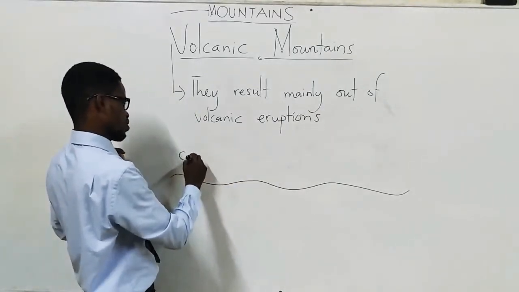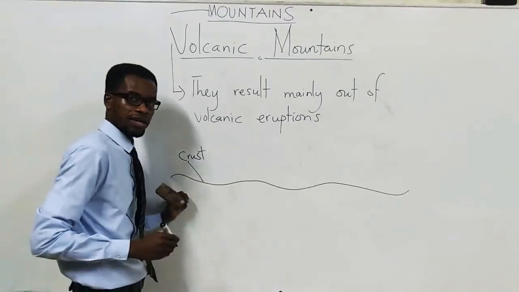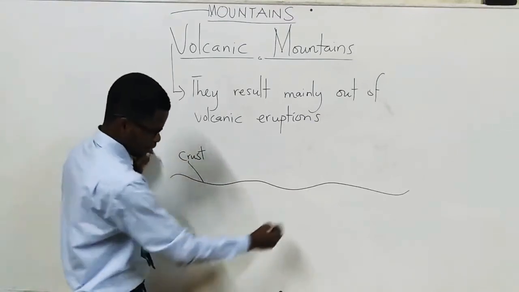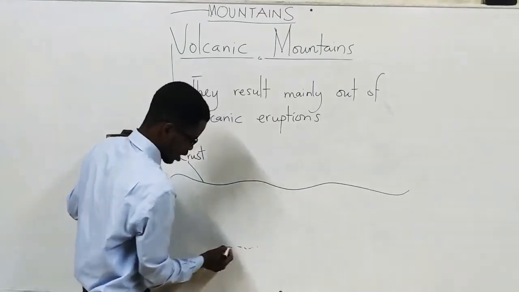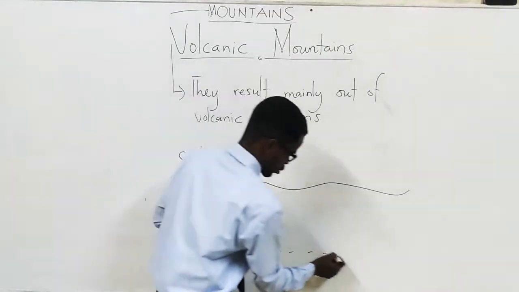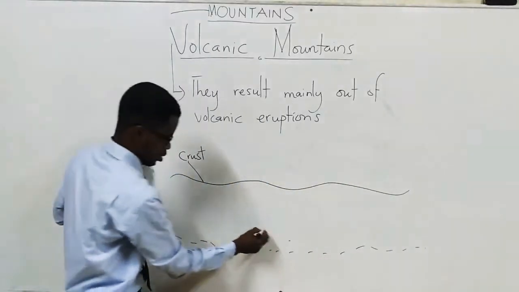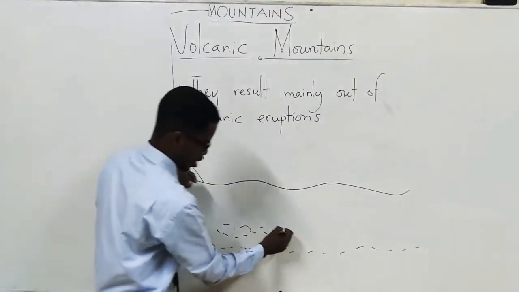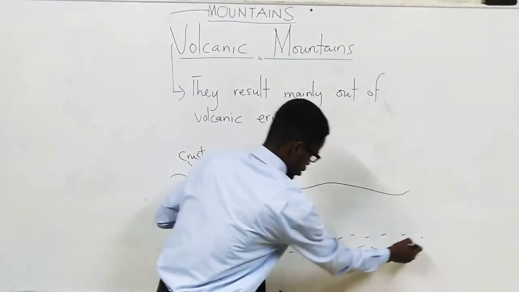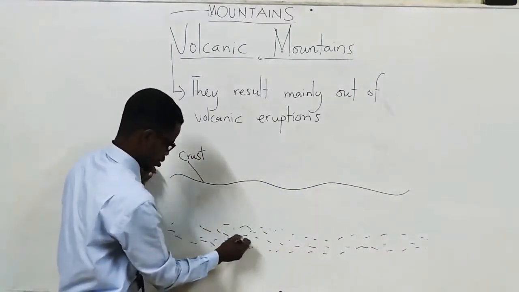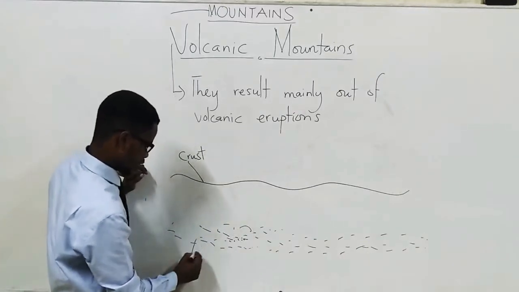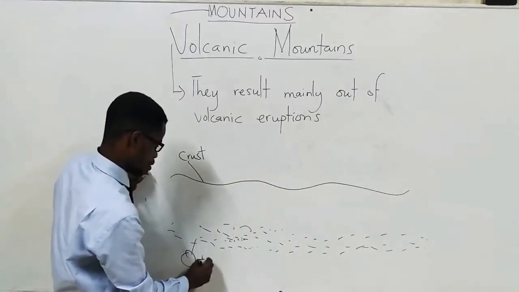So this is my crust. Then we can have some other layers right here. Down here, I will try and locate the presence of magma, in the region of the outer core.